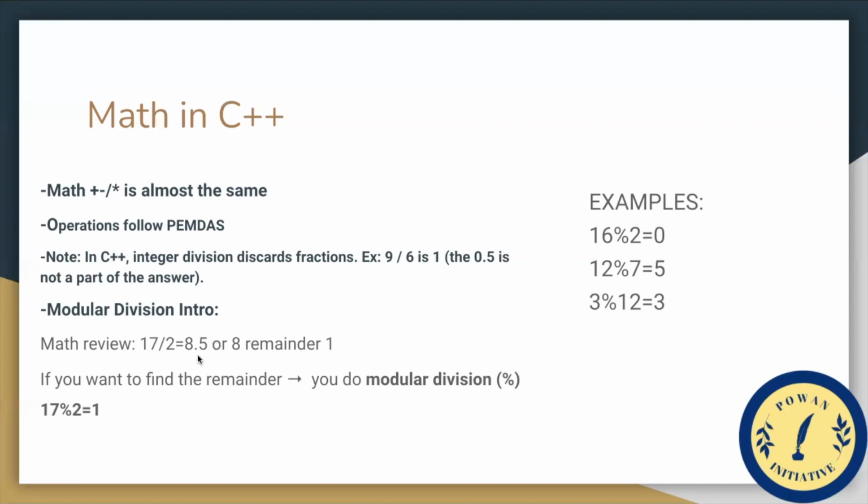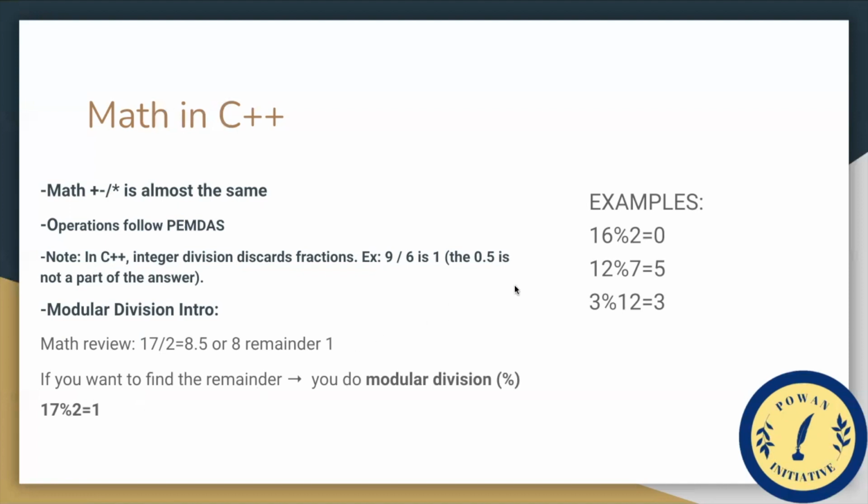Try not to think of it as a decimal sort of thing. Just try to do 17 divided by 2 in your head. If someone tells you what's 17 mod 2, just do 17 divided by 2 first, and you see, okay, so it's 8, but it's also remainder 1. So just have that remainder 1 stored in your head, and that is your final answer. So if you want to find the remainder and keep that as your answer, because sometimes in certain mathematical functions, you might need that, that's when you do modular division.